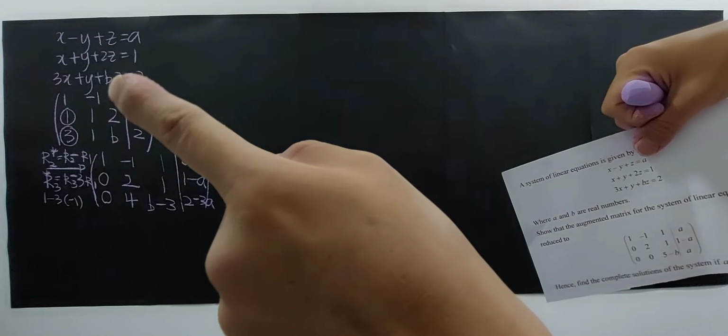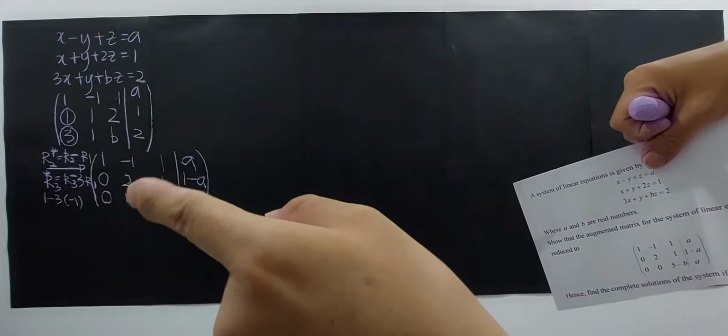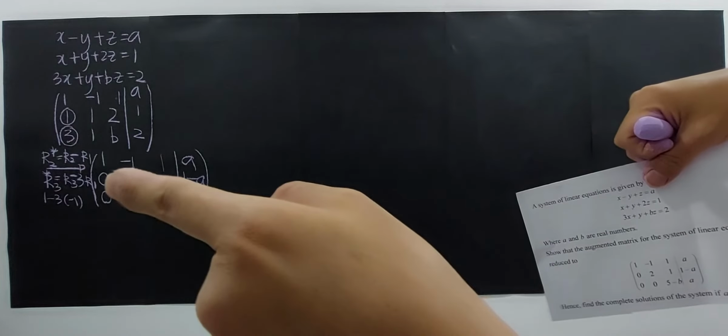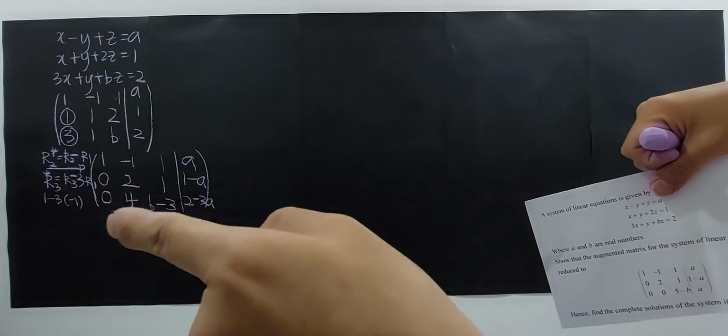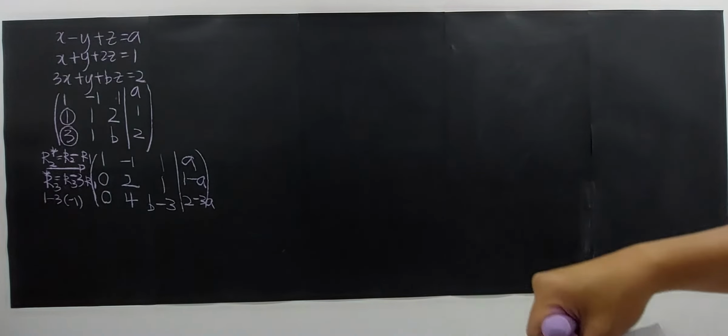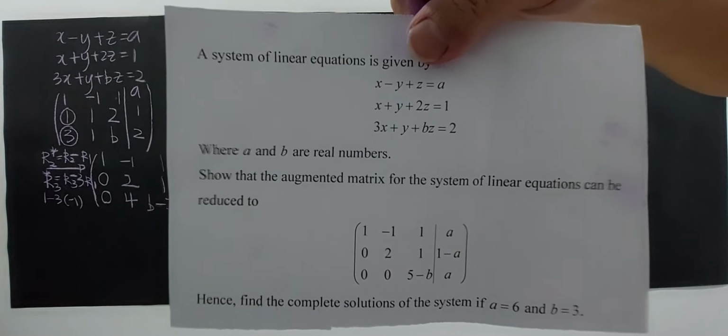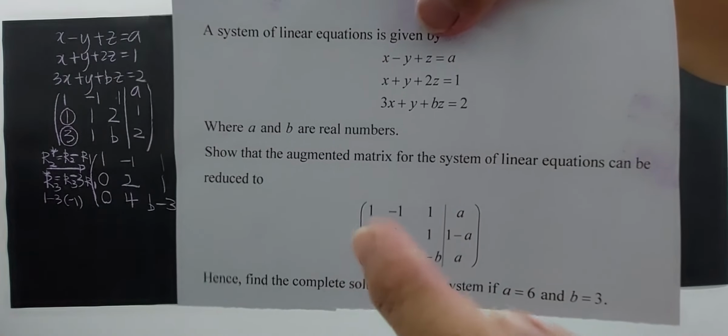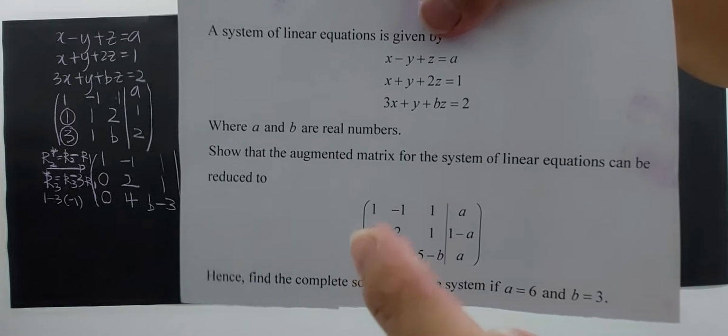This is the first elementary row operation that I used, which reduced the matrix from this to this form, with the first entry of the second row and third row becoming 0. I do this based on what is required by the question. If you see carefully, the first two entries here are 0.